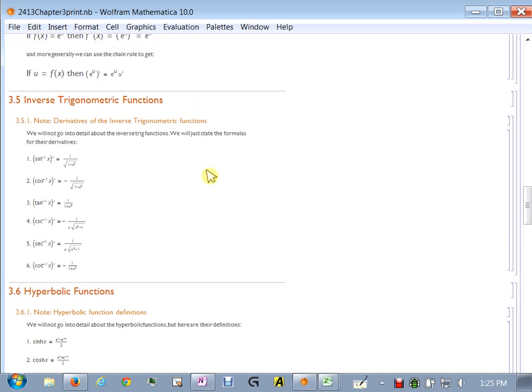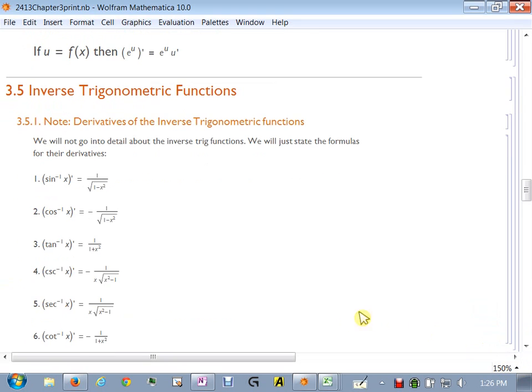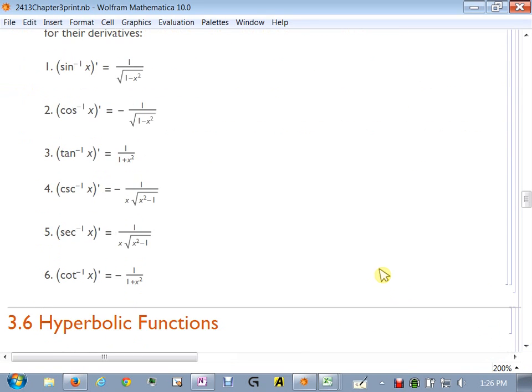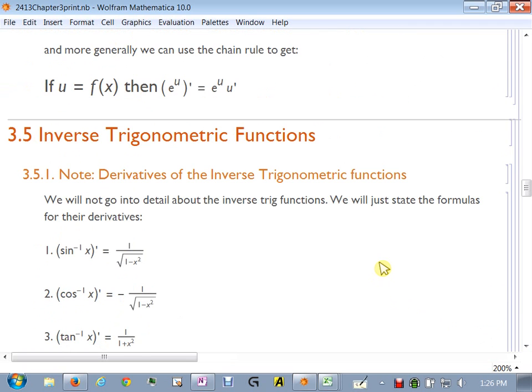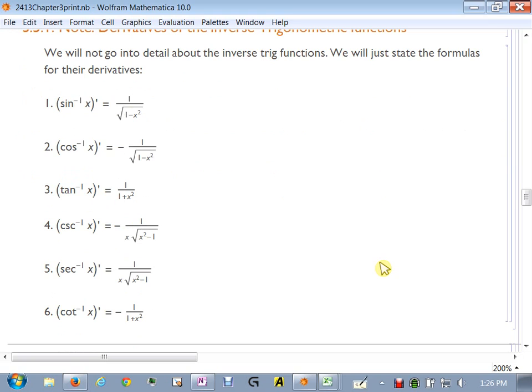Okay, so here are the notes. Let me zoom this up. Can everyone see that okay?